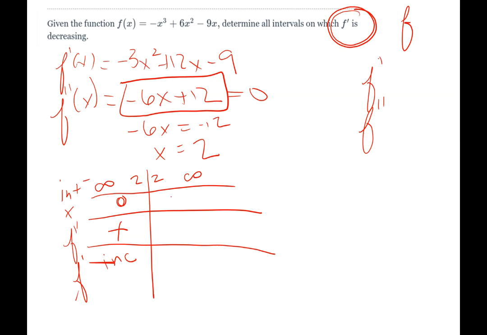Then between 2 and infinity I'm going to pick 10. When I put the 10 in here, it gives me negative 60 plus 12, so that's going to be negative. And when the second derivative is negative, that means that the first derivative is decreasing.